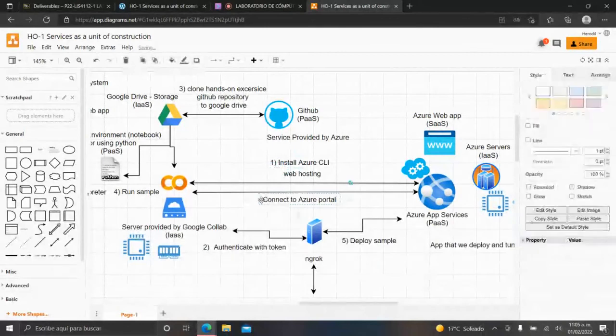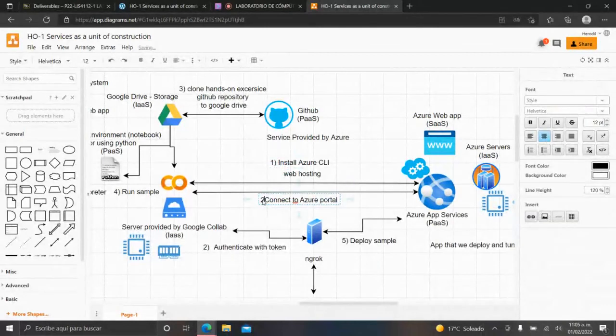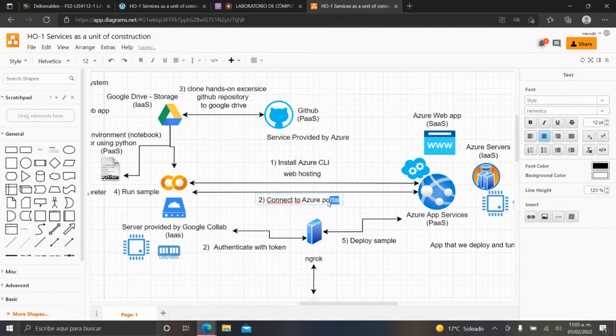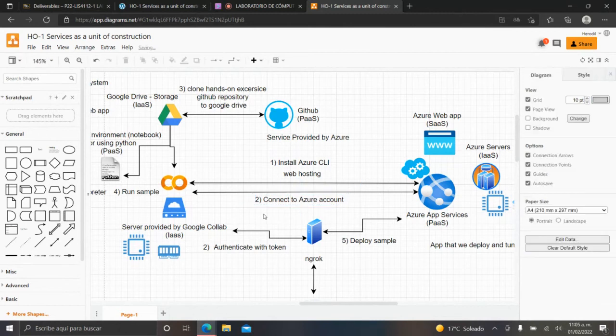And to connect, if you want to be very precise, you can put it as a function and then connect, and then your Azure account, so your ID and your password. And that's what we did. And now both environments were connected together.